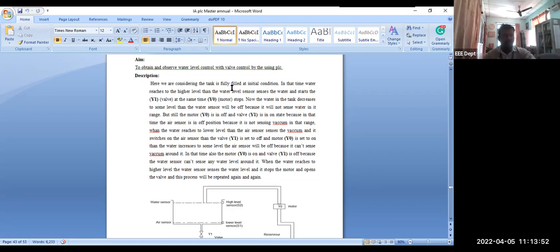When the water reaches the lower level, the air sensor senses the vacuum and switches on, then valve Y1 is set to off and motor Y0 is set to on.